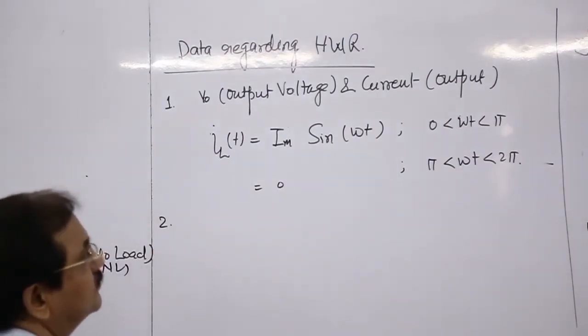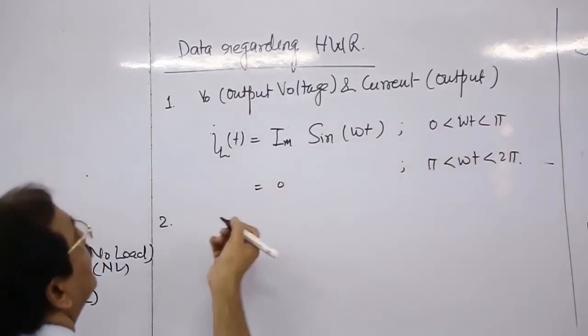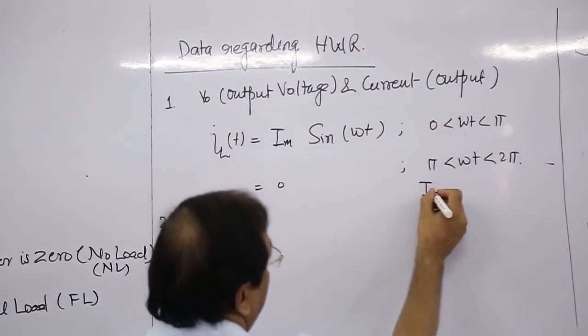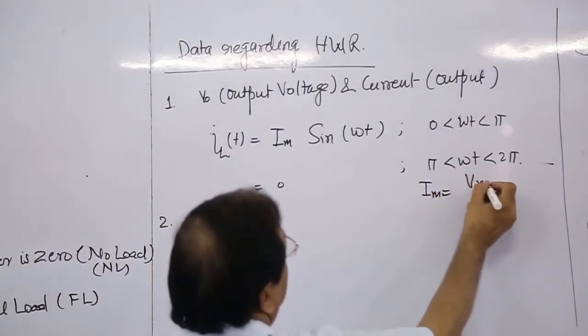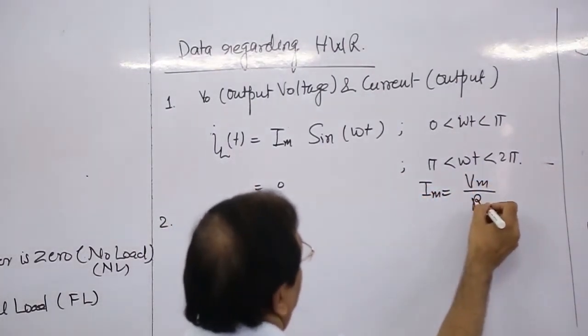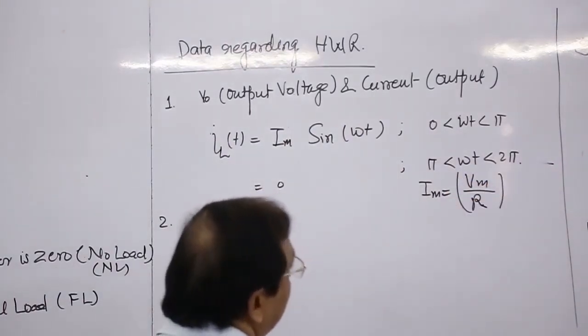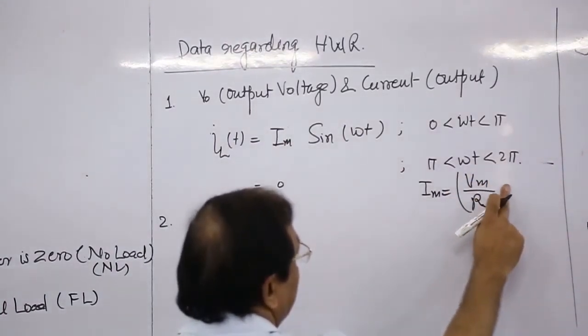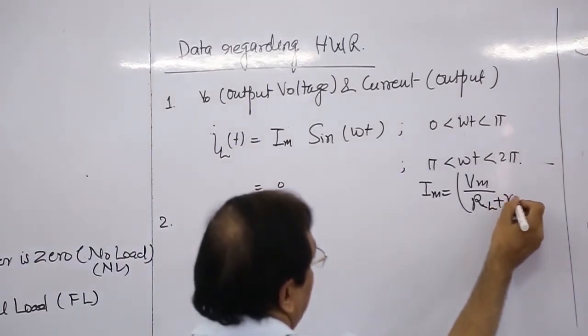Then from this part you can say Im is Vm over R. This R is RL plus RF.